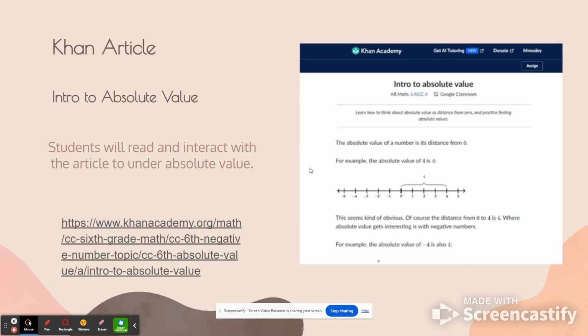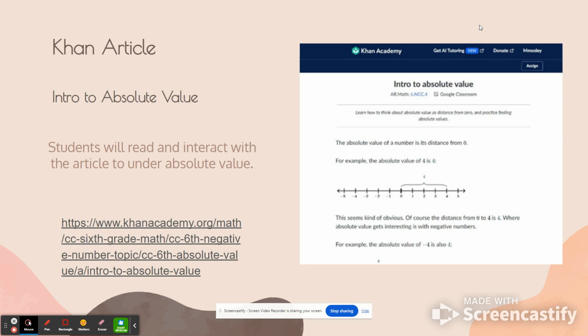The first activity will be a Khan article. Khan articles are interactive. It does not read it to you, although there are extensions that you can get, like Read and Write. The state of Arkansas provides Read and Write through the public schools for free to all public school employees and students.